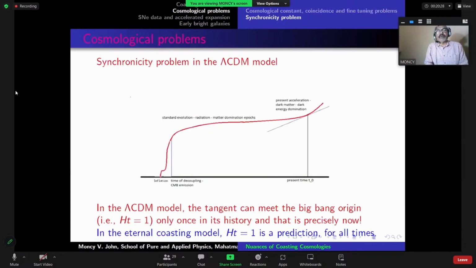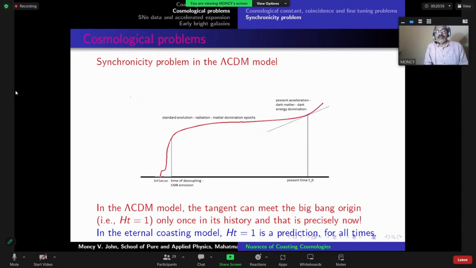One serious problem with the lambda CDM model is the synchronicity problem. The synchronicity problem can be understood from this diagram. Here, the red curve represents the evolution of the scale factor in the lambda CDM model. One can see that at present, if you draw a tangent to the curve, that tangent may meet exactly the point of the moment of Big Bang origin.